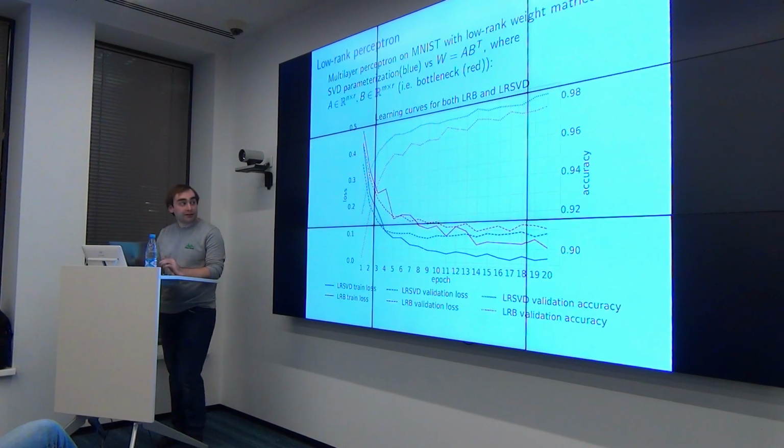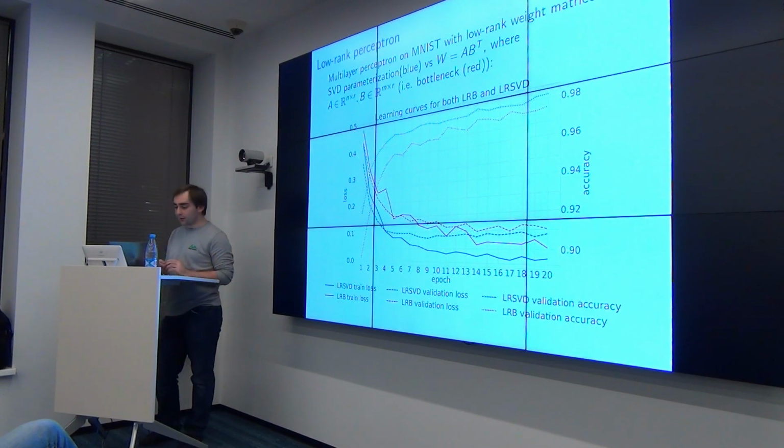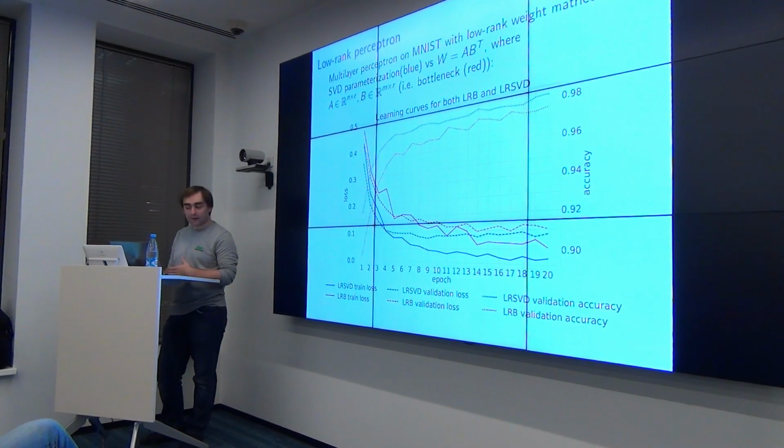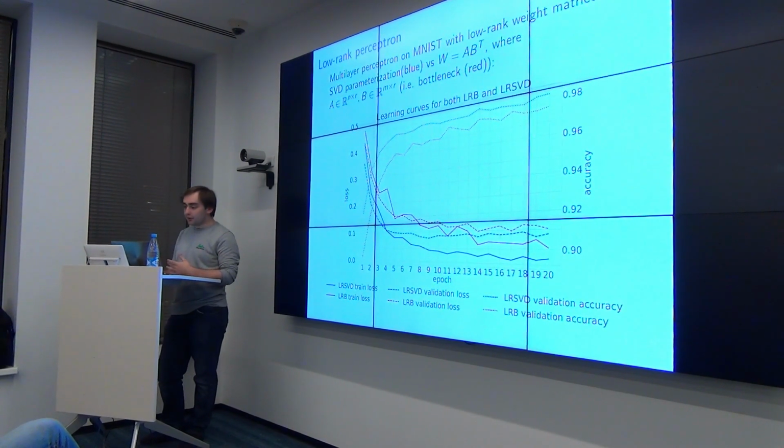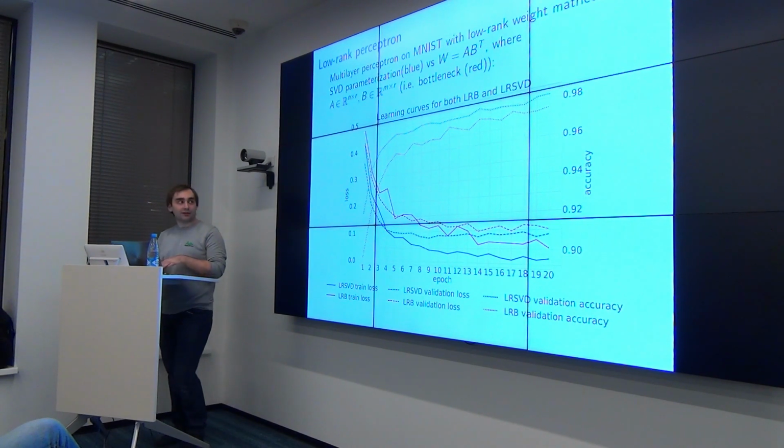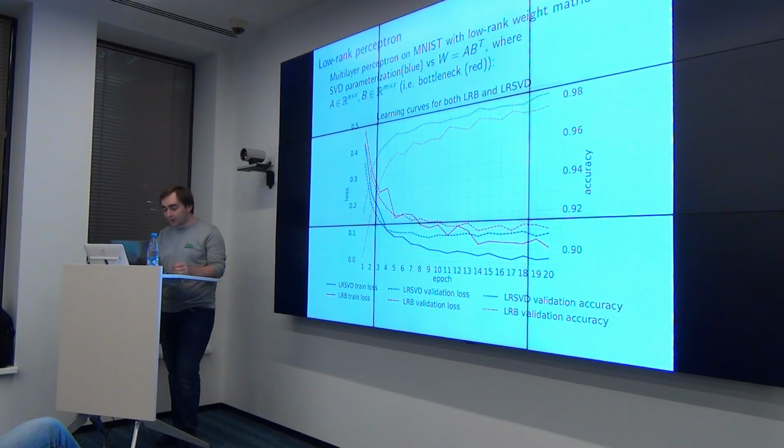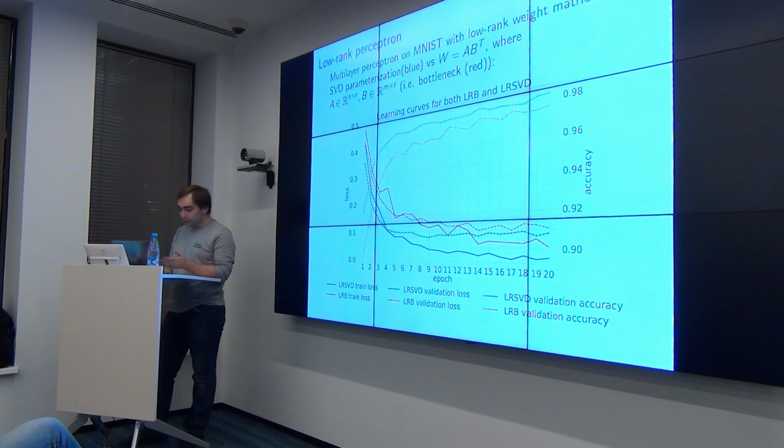So for low-rank networks, we compared. We can parameterize low-rank matrices using SVD, and usually to get a low-rank layer, you stack two linear layers. You have a bottleneck. So we compared these two approaches, and blue is SVD, red is the bottleneck.